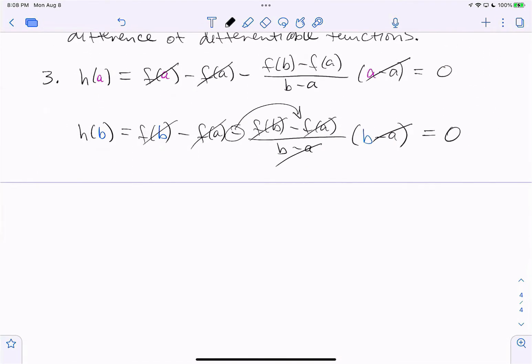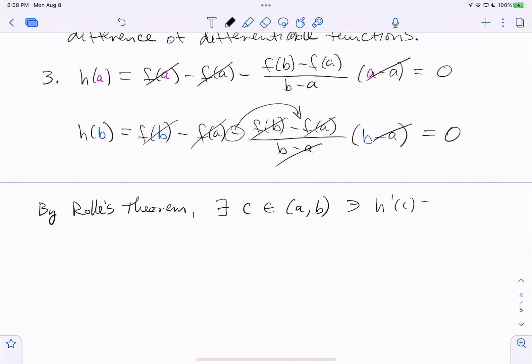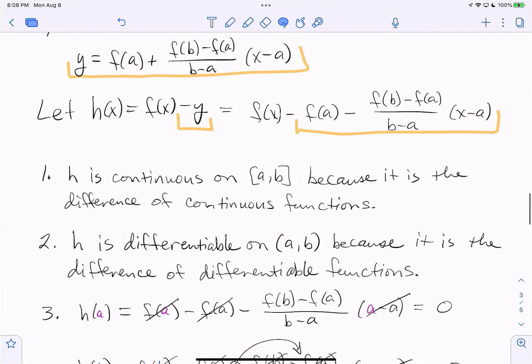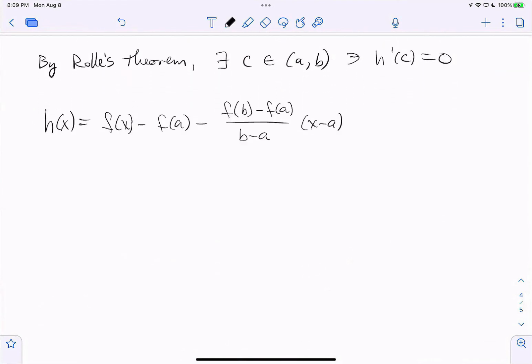Therefore, by Rolle's theorem, there's a c in the open interval between a and b such that h'(c) is equal to 0. Remember, we're talking about h. So let's get h again and then differentiate it. h'(x) is equal to, well, the derivative of f is f'. The derivative of f(a), that's a constant, so it goes away.